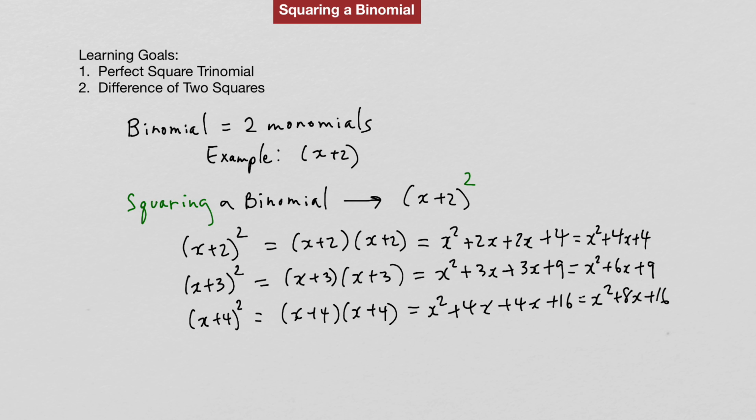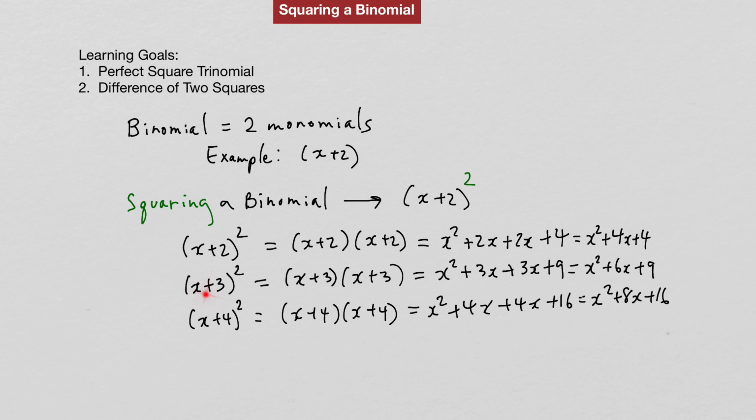So let's take a look at these results. We started out with x plus 2 squared, and we ended up with x squared plus 4x plus 4. Do you notice any patterns here? Okay, let's take a look at the next one.